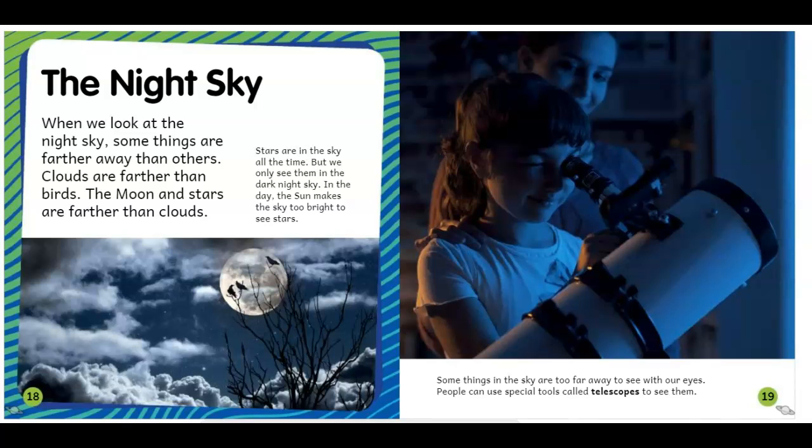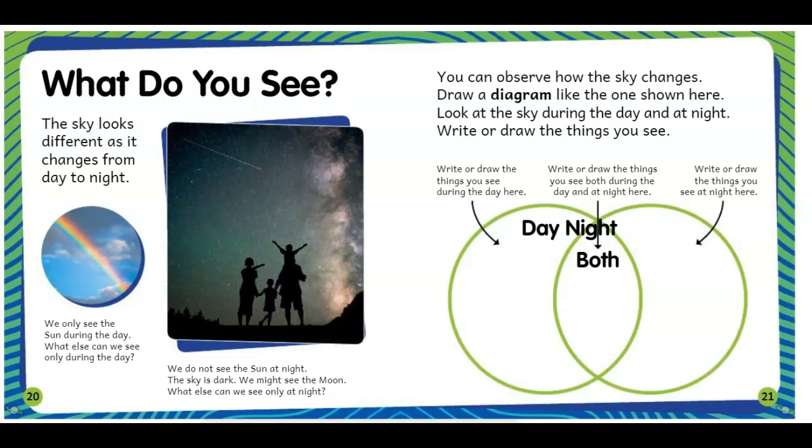Do we see clouds only in the day, only at night, or both? And then we talked about telescopes. When do we use telescopes? Do we use them during the day? And here we go back to our Venn diagram.